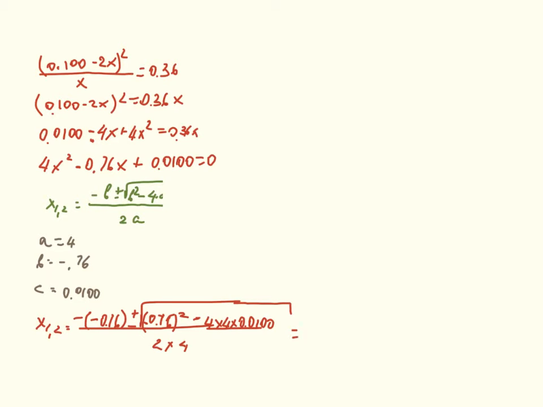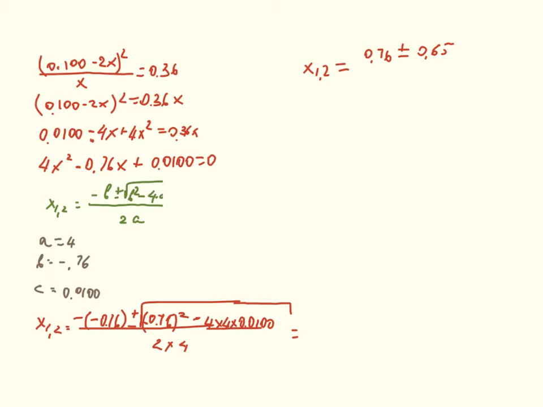Okay, now let us continue on this side. X first and second will be 0.76 plus or minus 0.65.